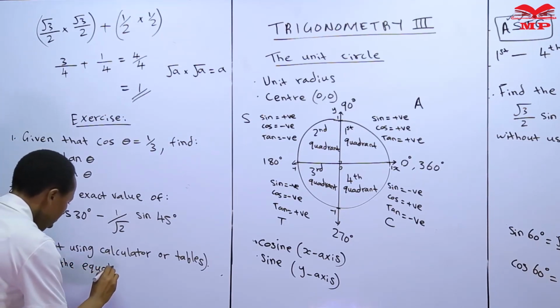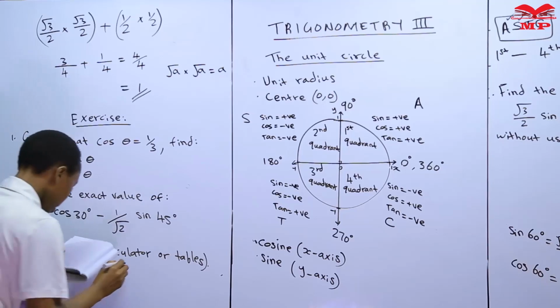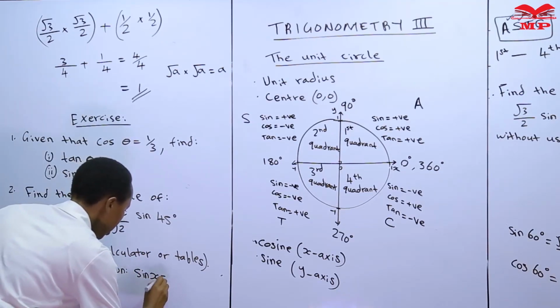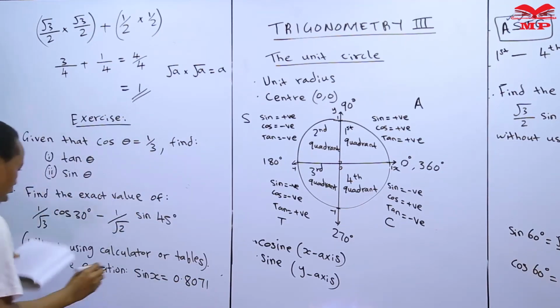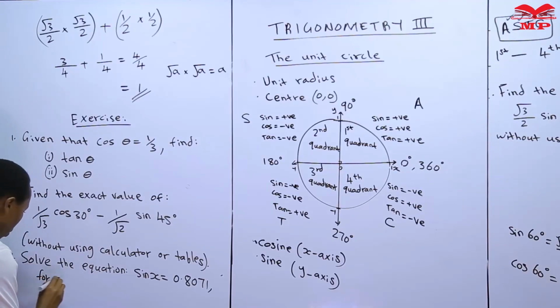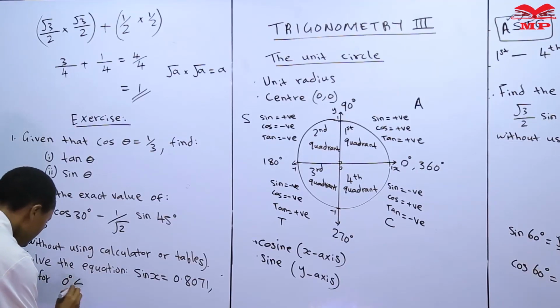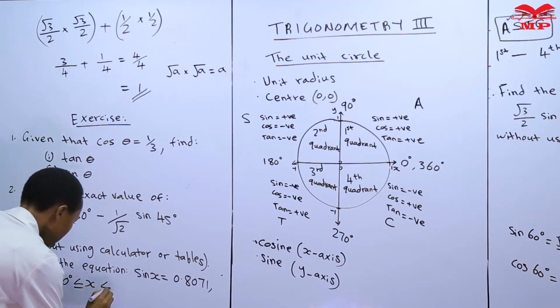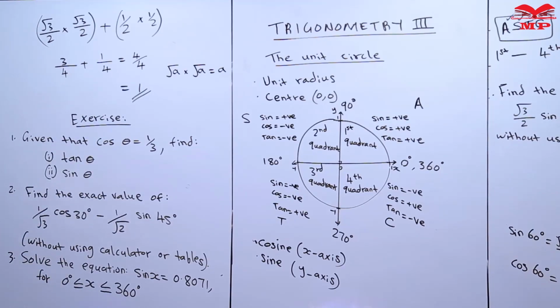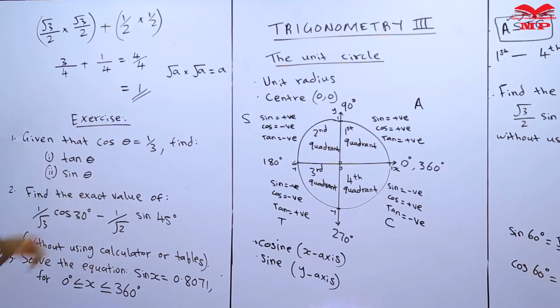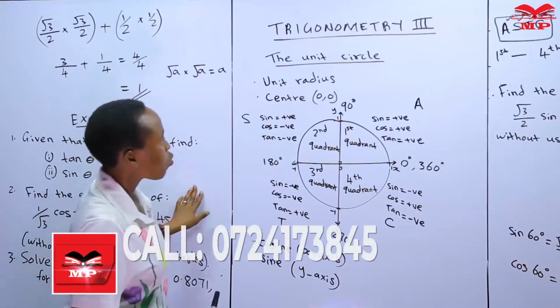The equation is sin x is equal to 0.8071, and you have been given the range for x, within the limit from 0 to 360 degrees. So find those. In this case, you need to have the knowledge of the unit circle. In the others, you need the trigonometric ratios so that you can answer that.